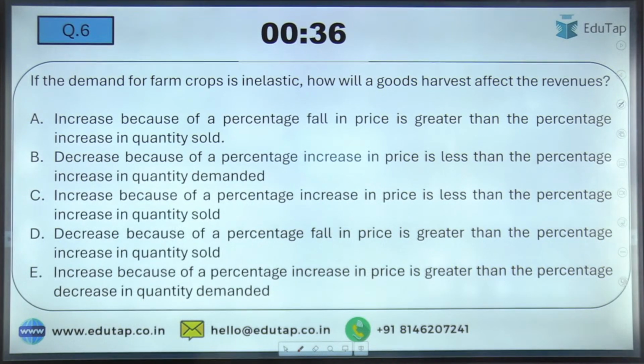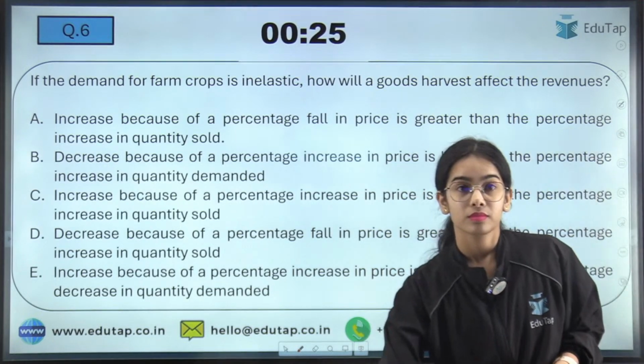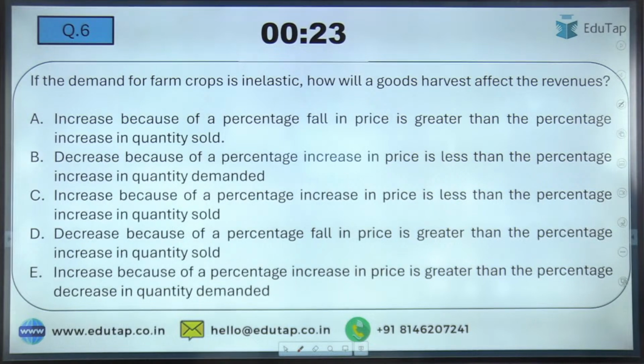Here you have to tell the relationship between the elasticity and total revenue. So try to answer this question.